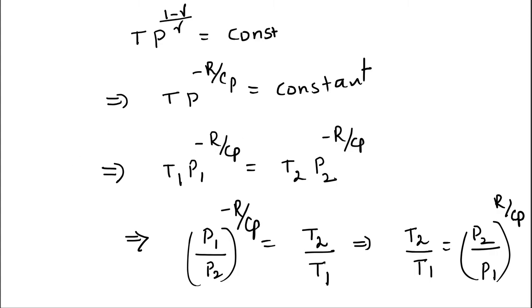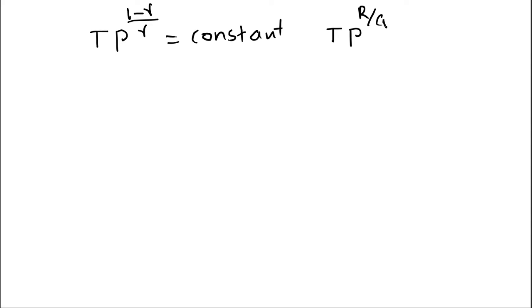So let's write it in a simple form, that is T times P raised to the power of (1 minus gamma) over gamma equal to constant, or T times P raised to the power of R over Cp equal to constant.